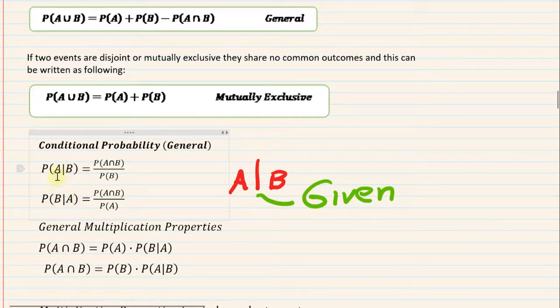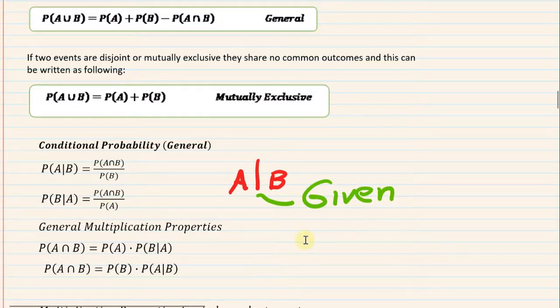The difference between these two is the given part. What has occurred? Has B occurred or A occurred? And the difference is in the denominator in both formulas. Given B, you divide by the probability of B. Given A, you divide by the probability of A.